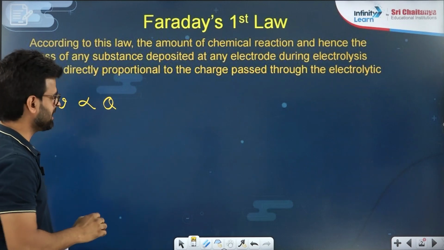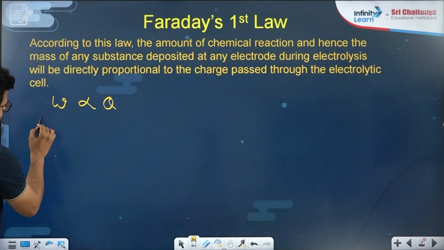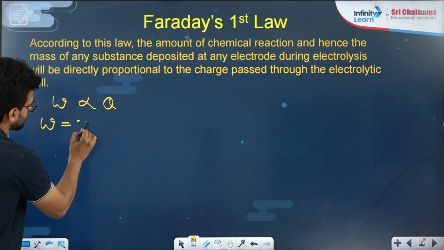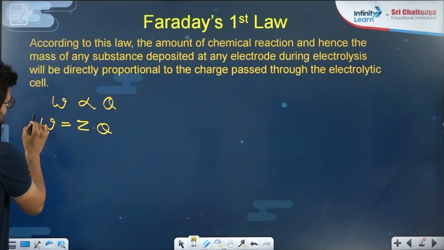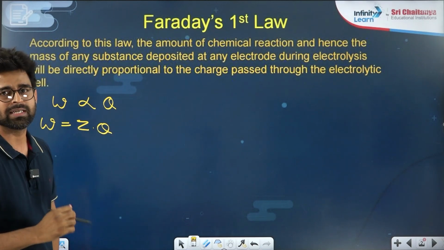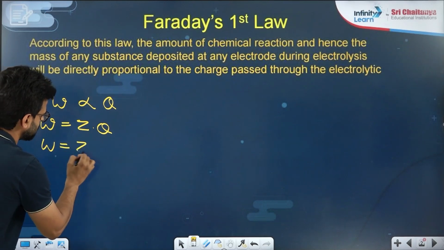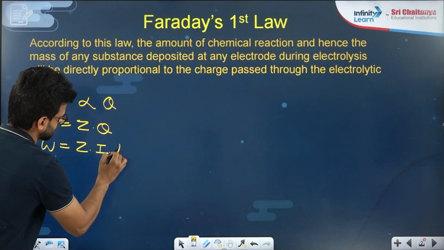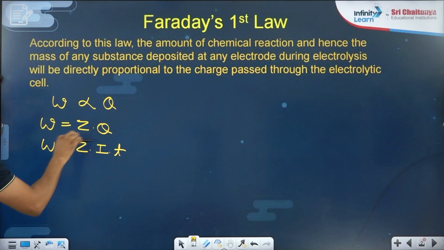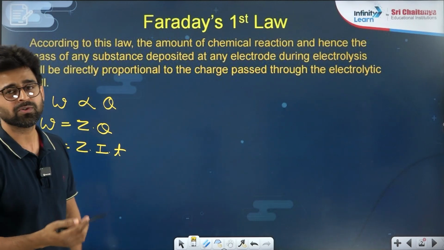To equate this, we say W equals ZQ. Z here is our electrochemical equivalent. Or I can write this as W equals ZIT, because we can write Q as I into T, current into time.